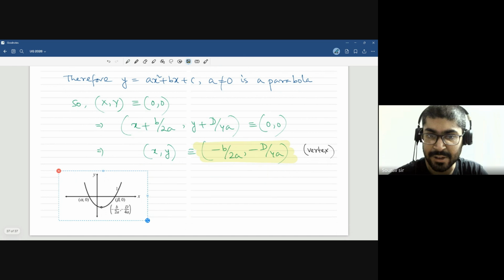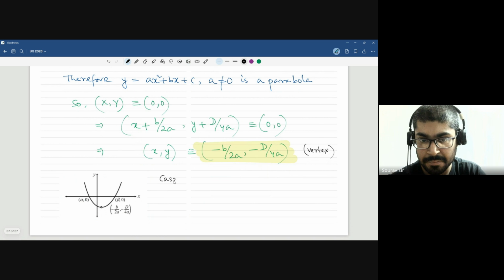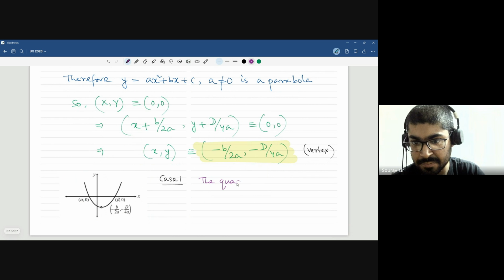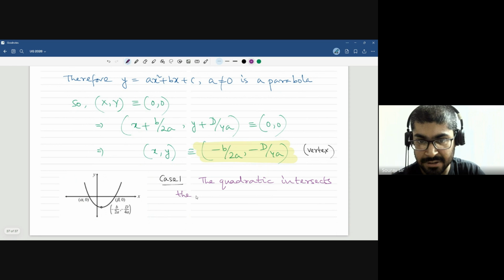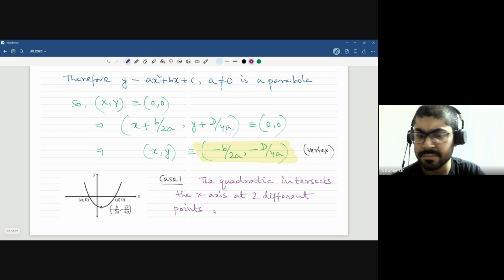Okay, so this is case 1. This says that the parabola, the quadratic, intersects the x-axis at two different points. What are these points called? Roots. Yes, fine.